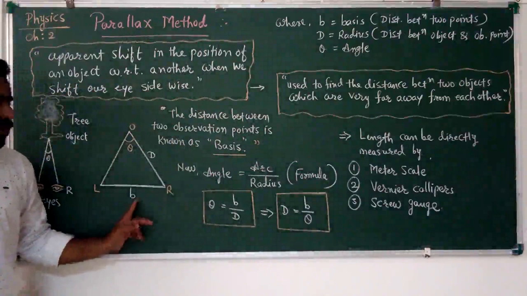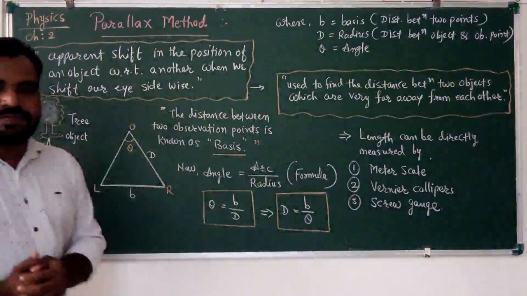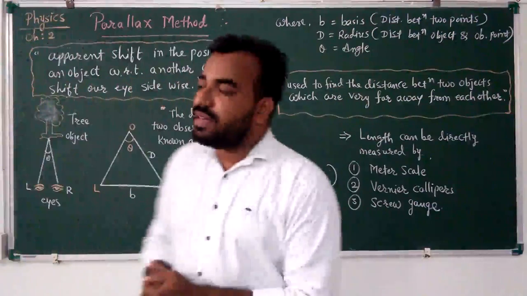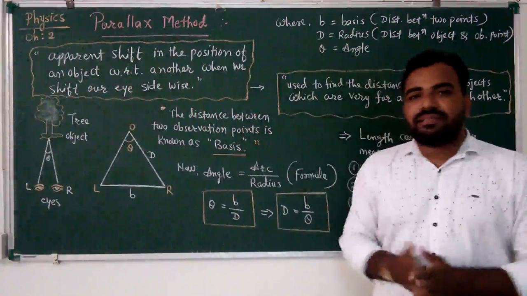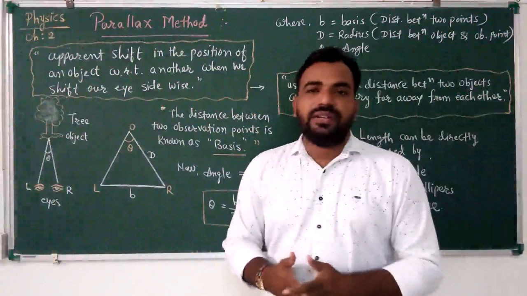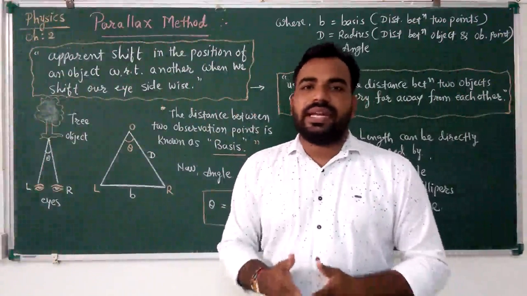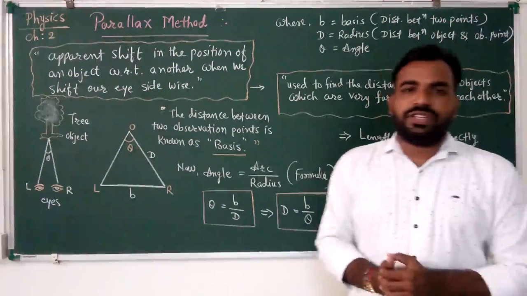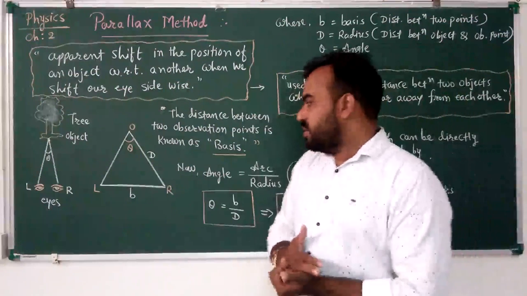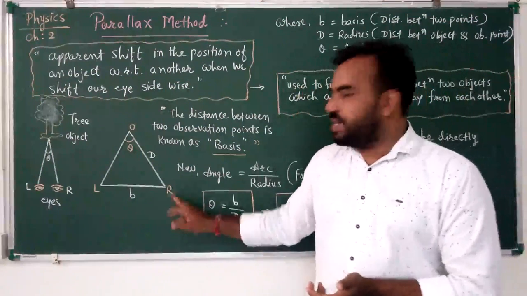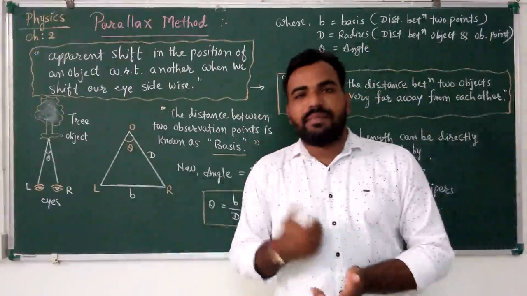Now what about this capital D? Capital D is nothing but distance between observation point and object, which is very far away from the observation point. So it is denoted by capital D.